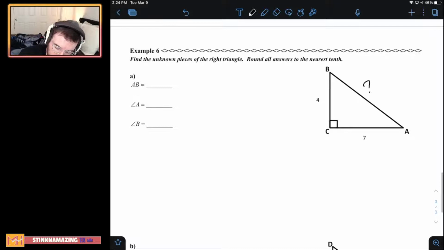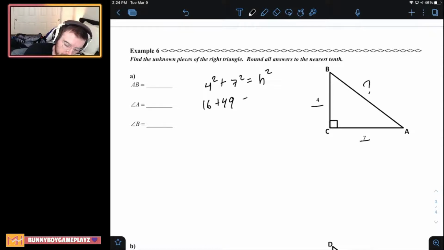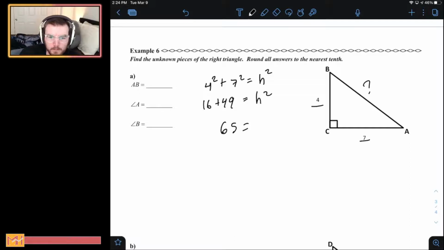Well, how long is AB? You need to use the Pythagorean Theorem. You know two sides and you're missing the third. Leg squared plus leg squared equals hypotenuse squared. 16 plus 49 equals hypotenuse squared. 16 plus 49 is 65.